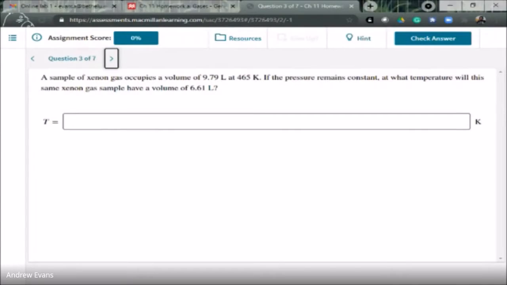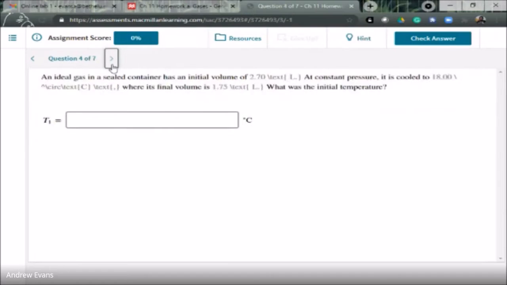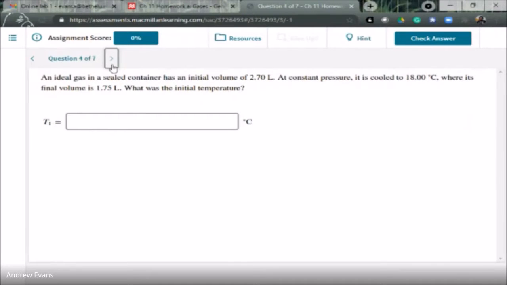Let's do an actual problem, either this next one or, let's see, I'll go ahead and do the next one. Okay, let's read this again because I just glossed over some of this. An ideal gas is sealed in a container with an initial volume of 2.7.